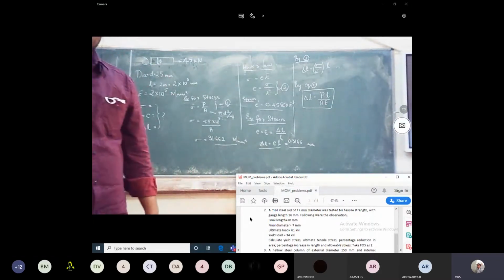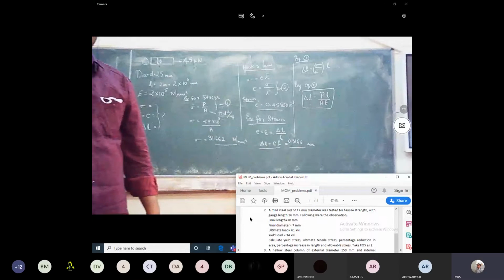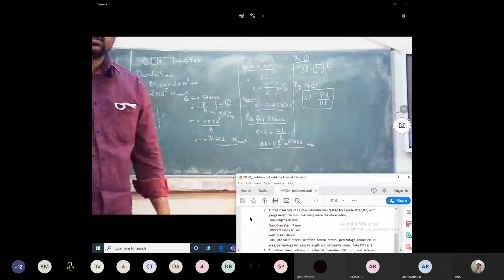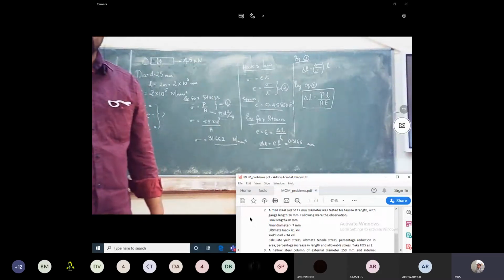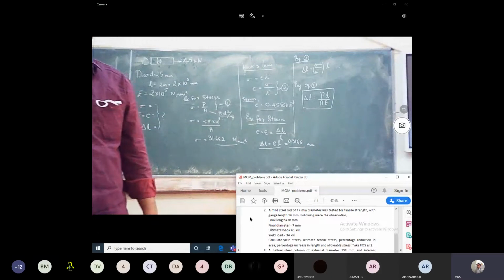Following were the observations: final gauge length 78 mm, final diameter 7 mm, ultimate load 61 kilonewton, yield load 34 kilonewton. Calculate yield stress, ultimate stress, percentage reduction in area, percentage increase in length, and allowable stress. Take factor of safety as 2.